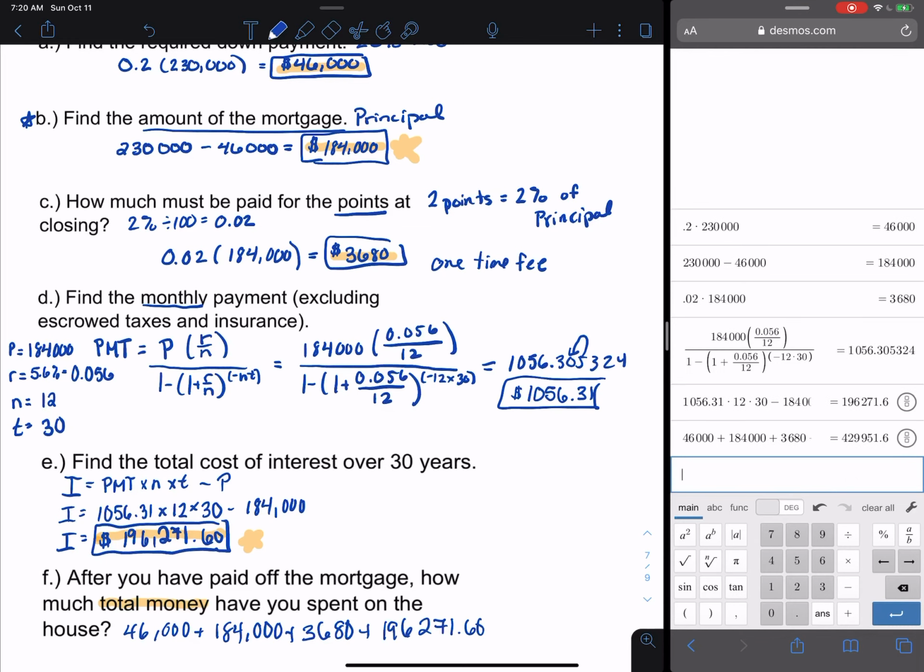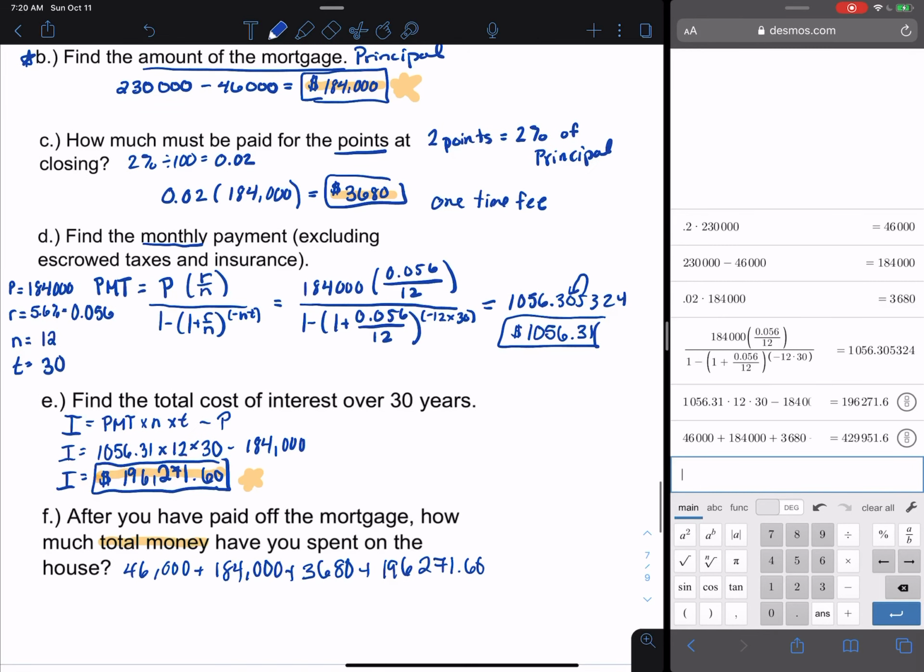And we find out that that house that they listed for $230,000 actually cost us $429,951.60 when it all was said and done.